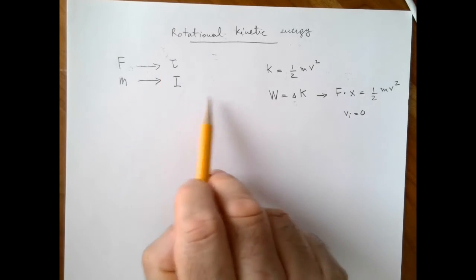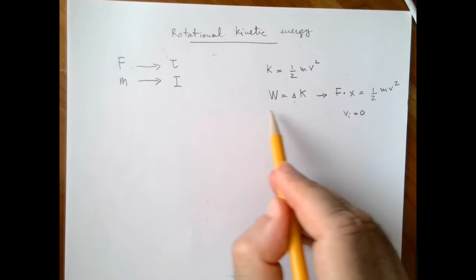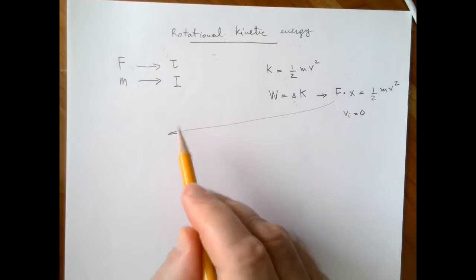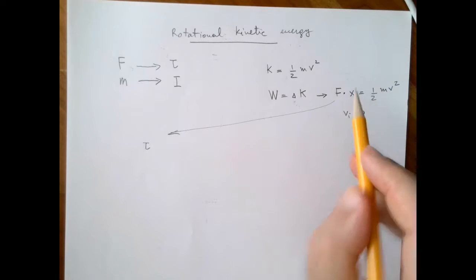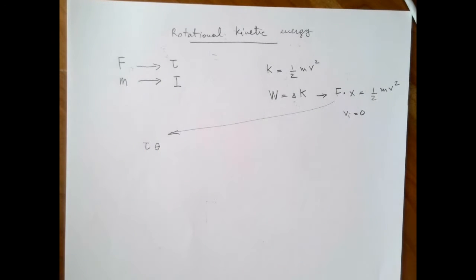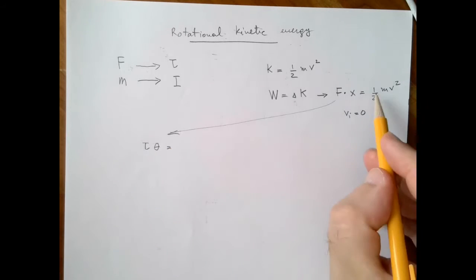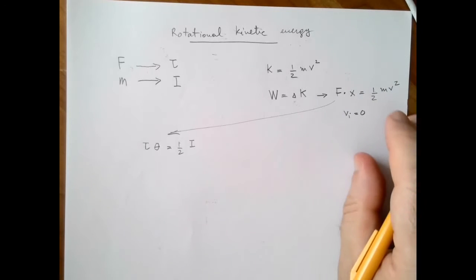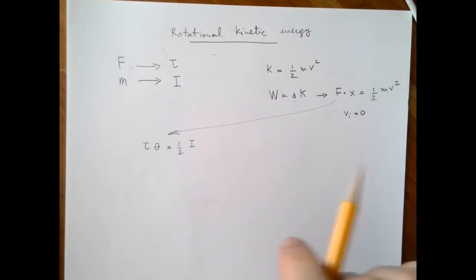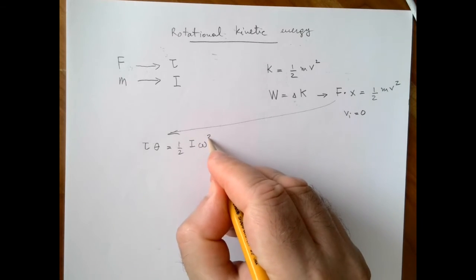Based on this analogy, instead of force we can write torque, instead of x we can write theta, instead of mass we can write I, and instead of v we can write omega squared.